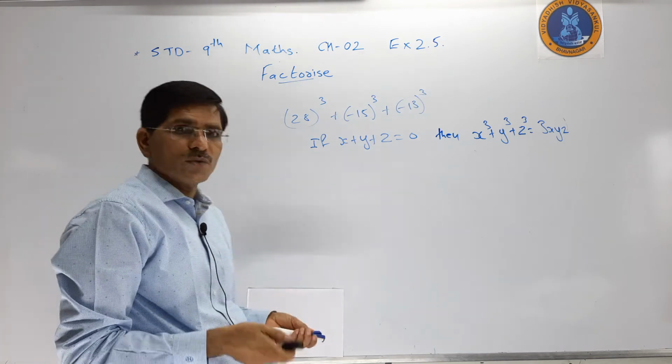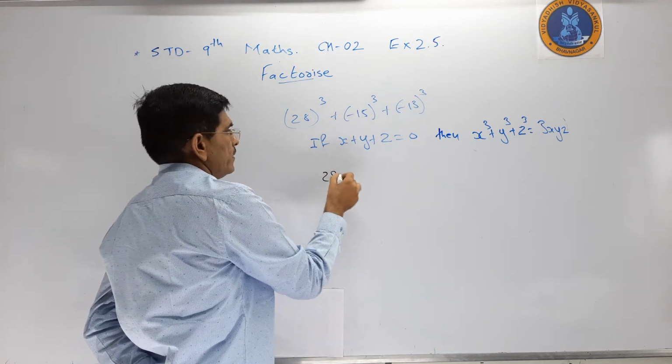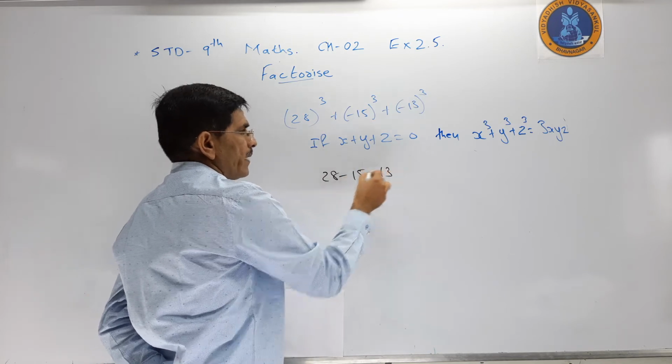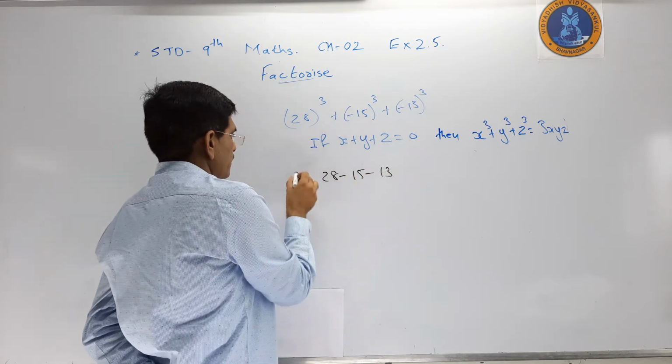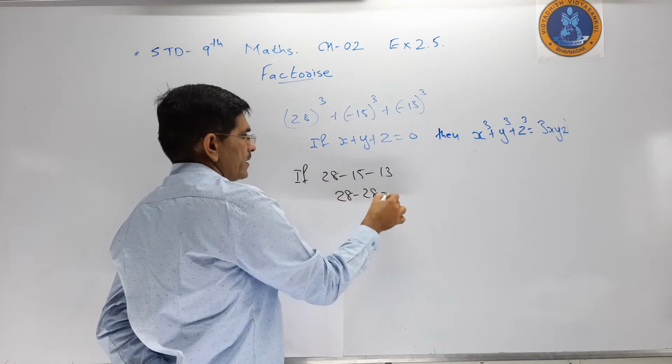So first of all we have to check whether it is 0 or not. 28 minus 15 minus 13, so 28 minus 28 is equal to 0.